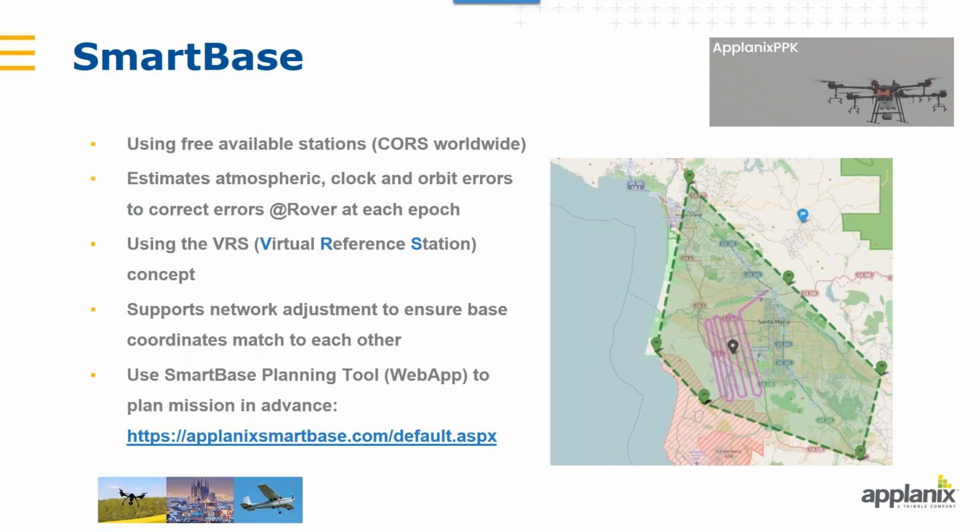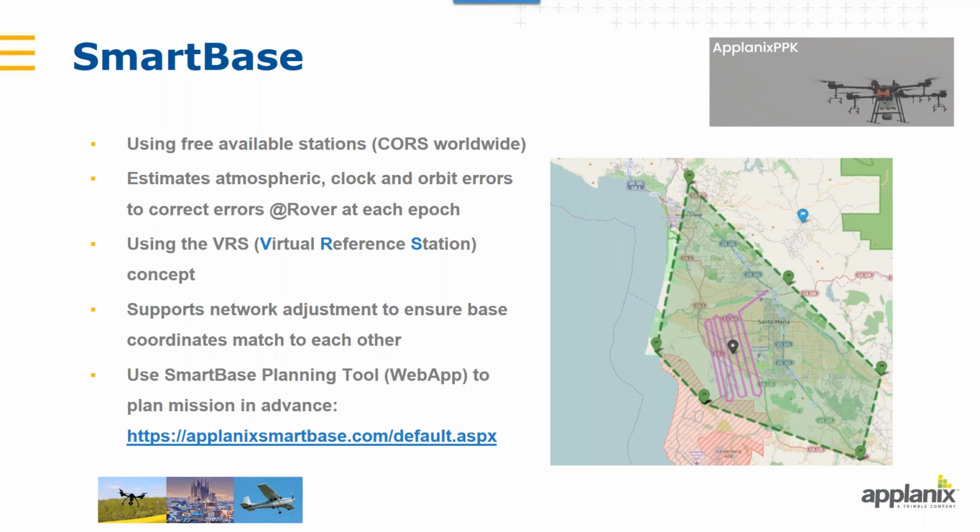And within this network of stations, it is smart enough to estimate the atmospheric errors, clock errors, and orbit errors to correct the errors right at the rover at each epoch. So we are kind of applying a virtual reference station concept. So it's like a base station is following your UAV, your rover, and because it's very close, all of those errors are canceling out automatically.